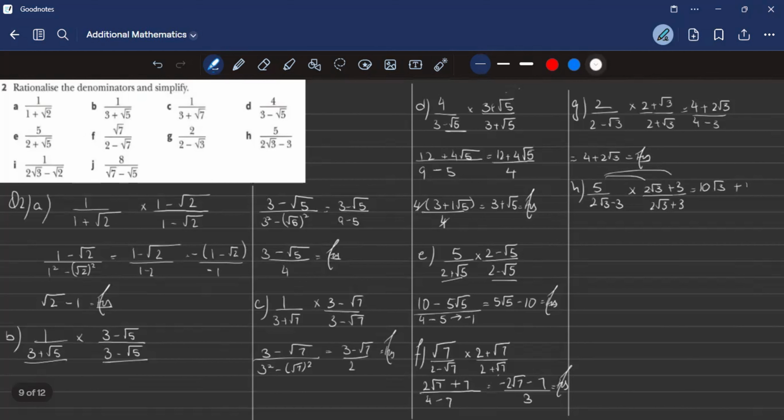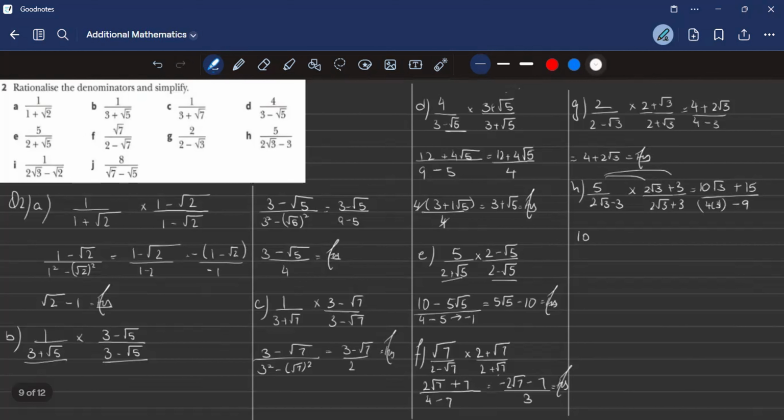Plus 15, divided by a squared. So 2 under root 3 whole squared would be 4 multiplied by 3. I hope you know that until now. Minus b squared, which is 9. So here we go.